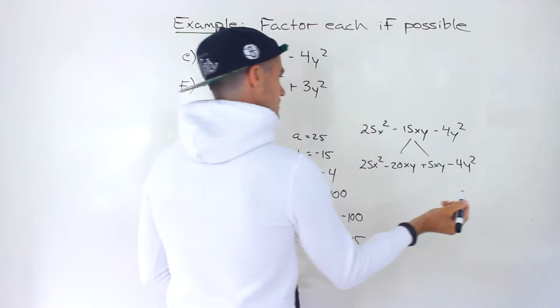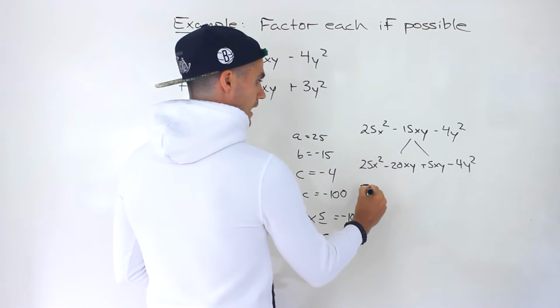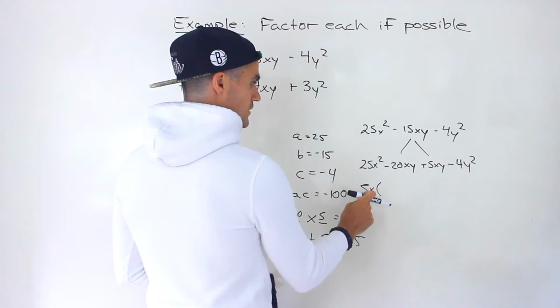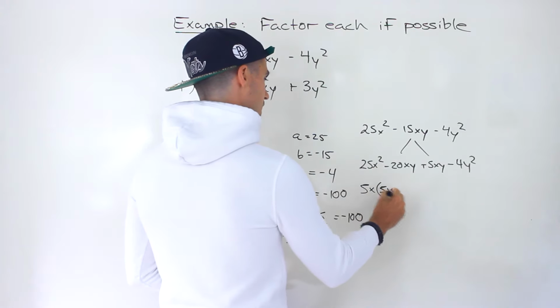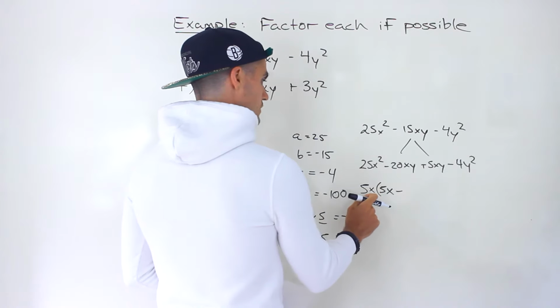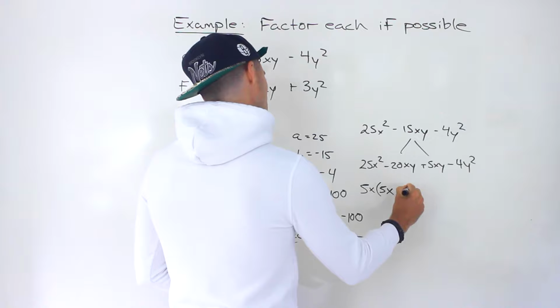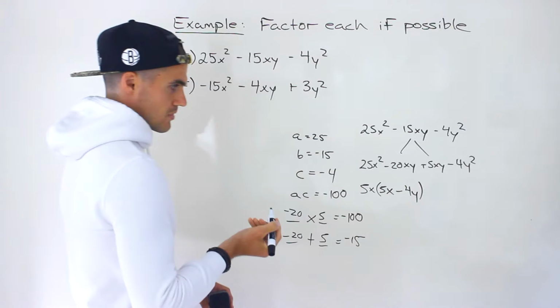Like that. From these two, from a 25 and 20, we could take out a 5. We could also take out an x. So we'd be left with what? 25x squared divided by 5x gives us 5x. Minus, the negative comes down, 20xy divided by 5x would give us 4y. Right?